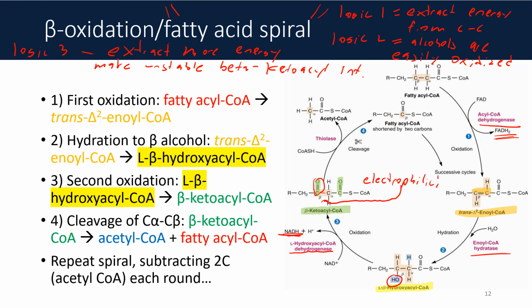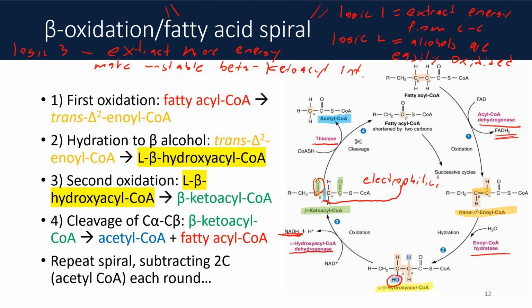This is going to make the final step easy, where the enzyme thiolase comes in and breaks the fatty acid fragment between the alpha and beta carbons. This is going to release acetyl-CoA. We do this by cutting the bond right over there.